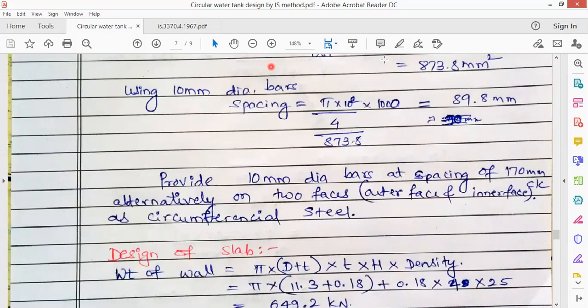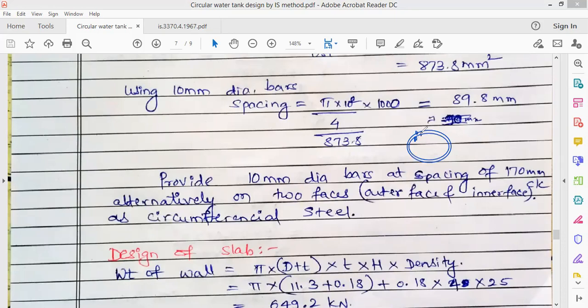I'll show here. So this will be the water tank here, right? And I am going to provide reinforcements, one bar at the outer edge here, another bar at the inner side. This is inner side, this is outer side. Next bar will be again inner side. I will use a different color.